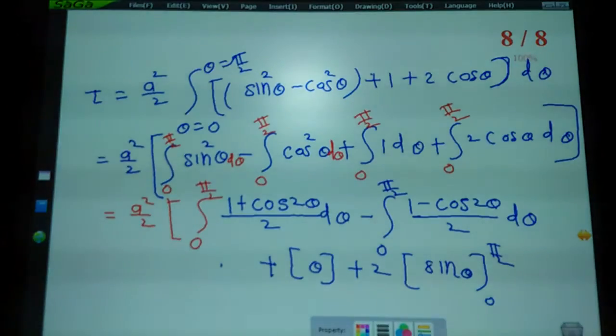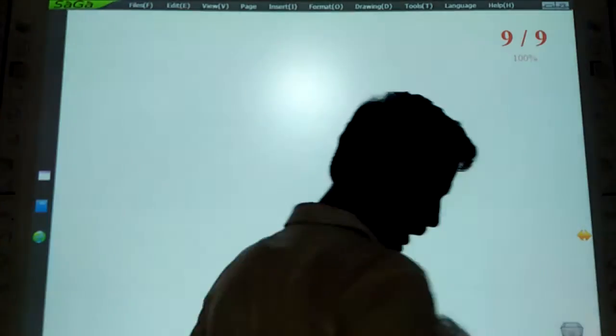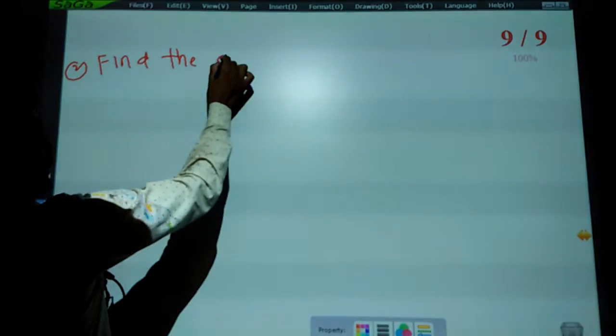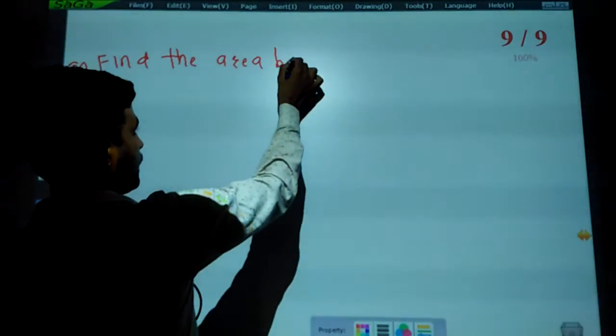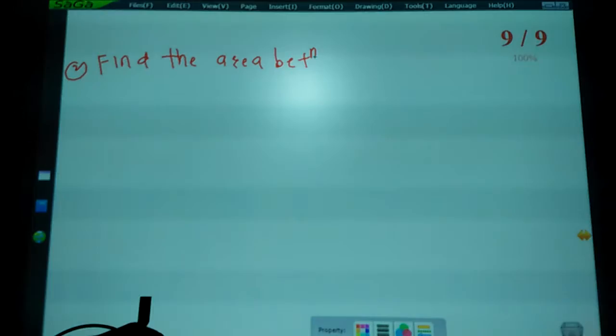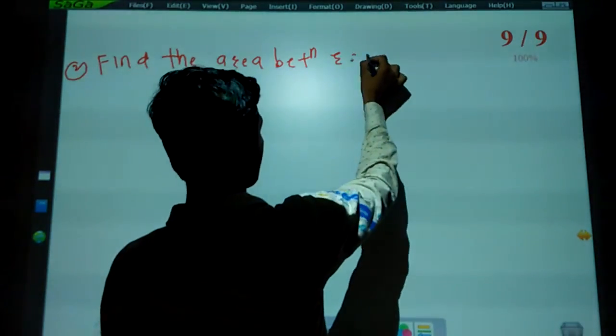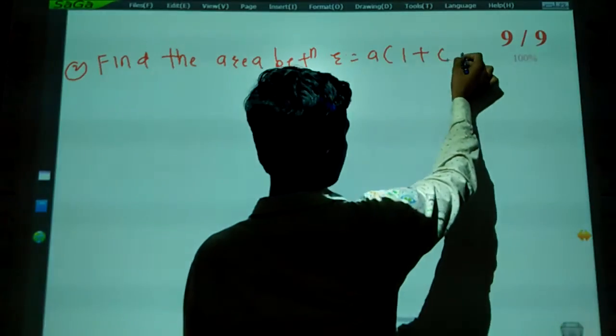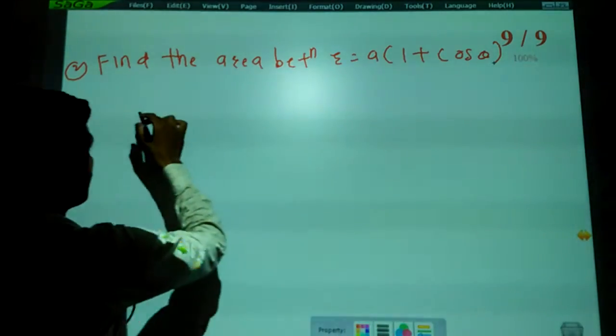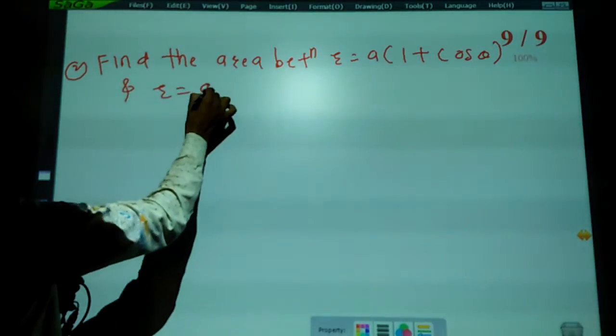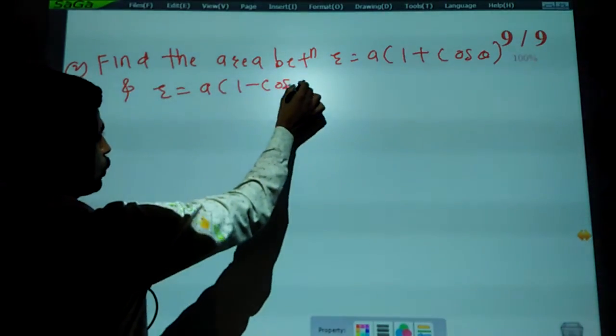So example number 2, find the area between, question number 2, find the area between r is equal to a times 1 plus cos theta and r is equal to a into 1 minus cos theta.